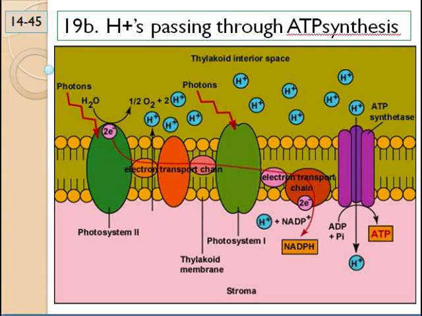Light strikes this. You split the water. You give off the oxygen. The hydrogen stays out here. Okay? The electron enters photosystem 1. It goes up, and as it goes across, it produces the energy that's going to make this happen. The question is, though, I got to have these inside here to make it happen.